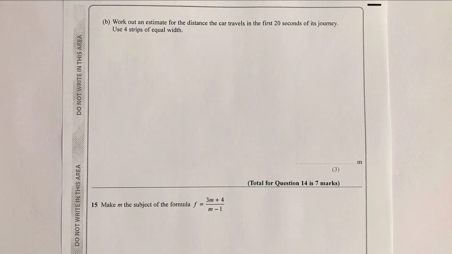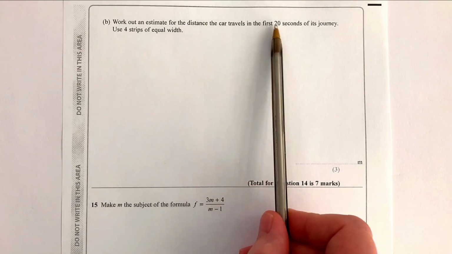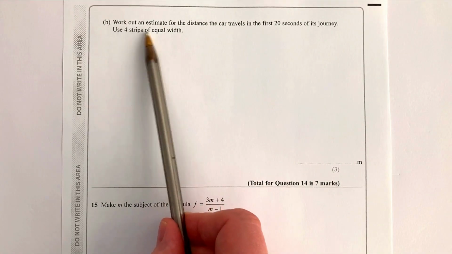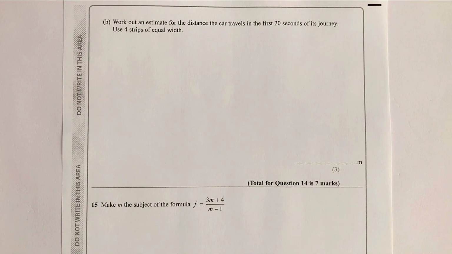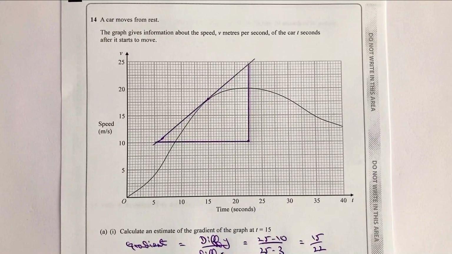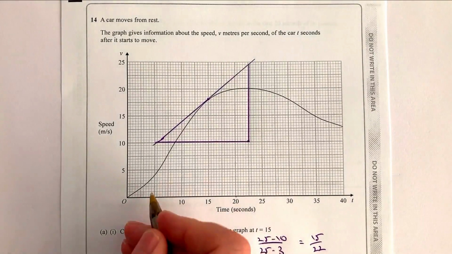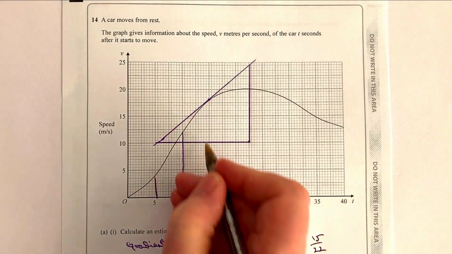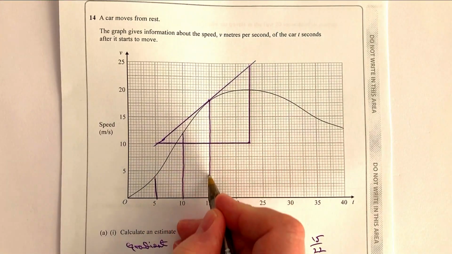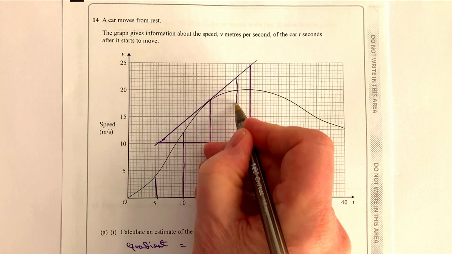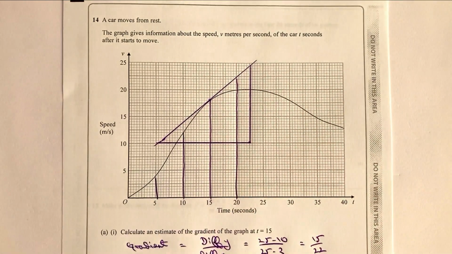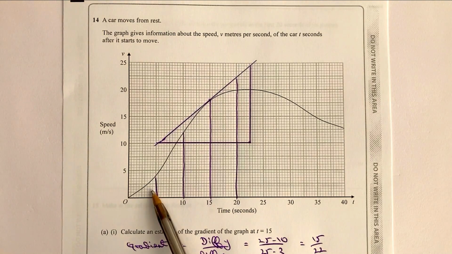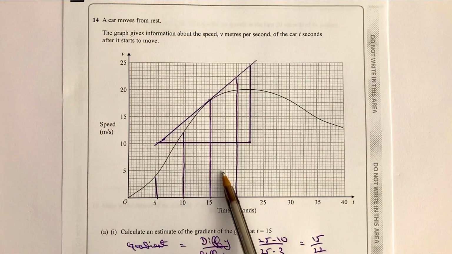So work out an estimate for the distance the car travels in the first 20 seconds. Use 4 strips of equal width. So what they mean by that is, if we go back to the original drawing itself, it allows us between 0 and 20 to draw in here 4 strips, and then basically what they want us to do is to work out the area of each of the strips and add them together. So what you've got is a triangle and then 3 trapeziums.